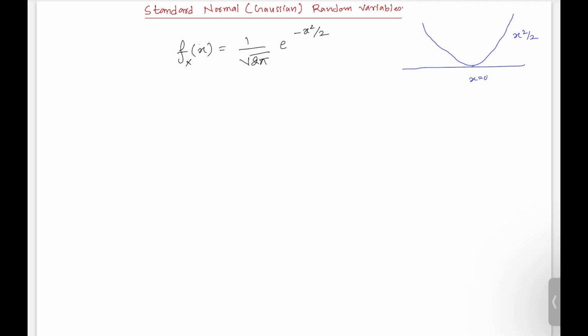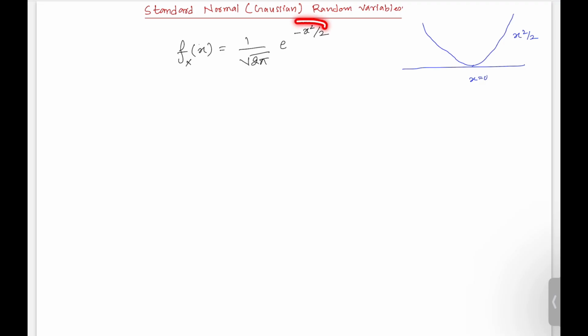Now if we take the negative exponential of this term, since it is a negative exponential, it will be maximum when this value is at minimum. Let me repeat one more time.